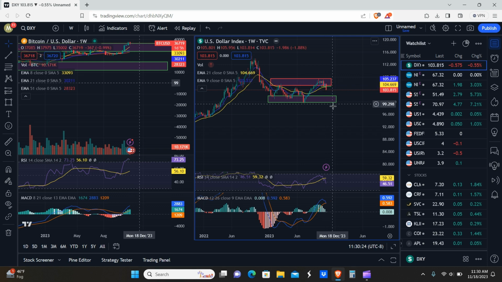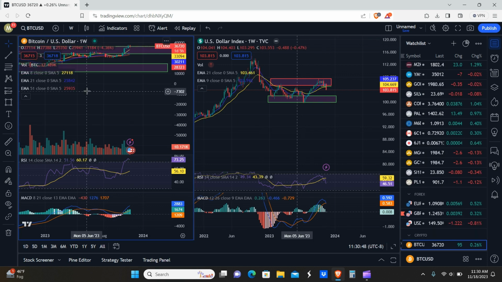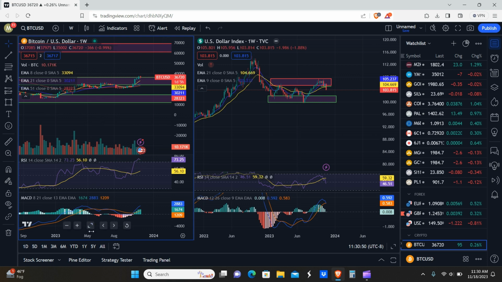So if the dollar is truly going to collapse, it would line up perfectly with the Bitcoin halving, which is in April of next year. A lot of market analysts estimate that the Fed is going to start cutting rates somewhere between March and June of next year. That's what they think. If that does actually happen, the dollar will collapse and Bitcoin will rip up to the moon if the inverse correlation between Bitcoin and the dollar remains true.